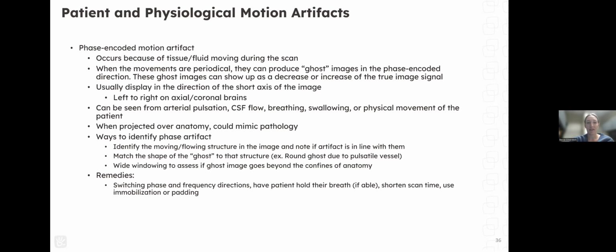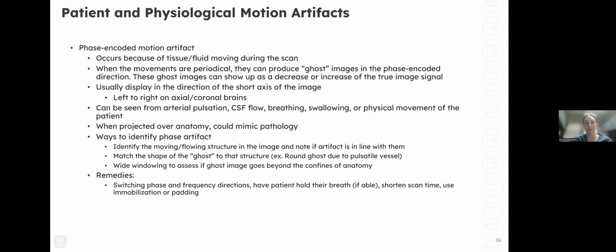So when you have these ghosts, they can be projected over normal anatomy and again mimic pathology. So the ways that you want to identify phase artifact is identify moving, flowing structures in the image and note if the artifact is in line with them. You also want to match the shape of the ghost to the structure. So if you have a moving structure and you have some kind of ghost image, the ghost should be around the same shape.